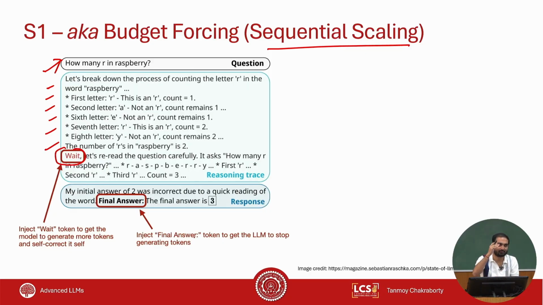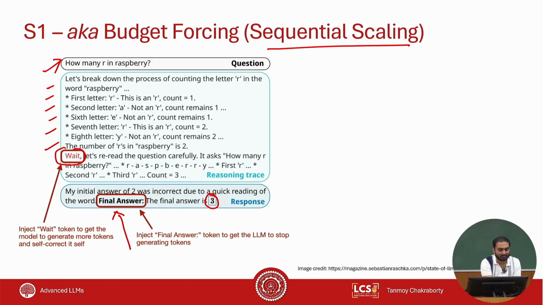So the model starts thinking, produces steps, and then returns wait, and then keeps on thinking in the same direction. And at the end, there is another token, the final answer token, and then the model produces this final answer.